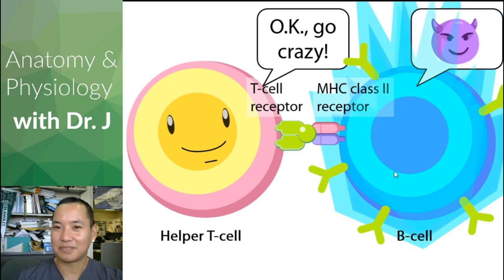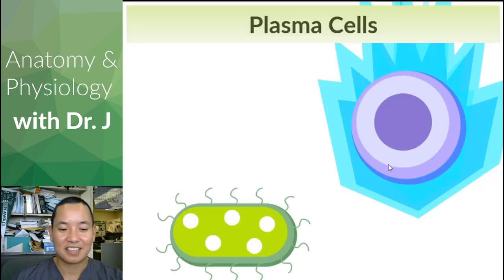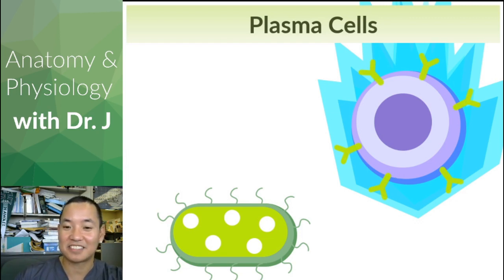So when a B cell becomes fully activated in terms of humoral or antibody immunity, they become plasma cells. So remember those B cell receptors that are like antibodies stuck in the plasma membrane? Now the B cell, once it becomes a plasma cell, can actually start to secrete this same protein.